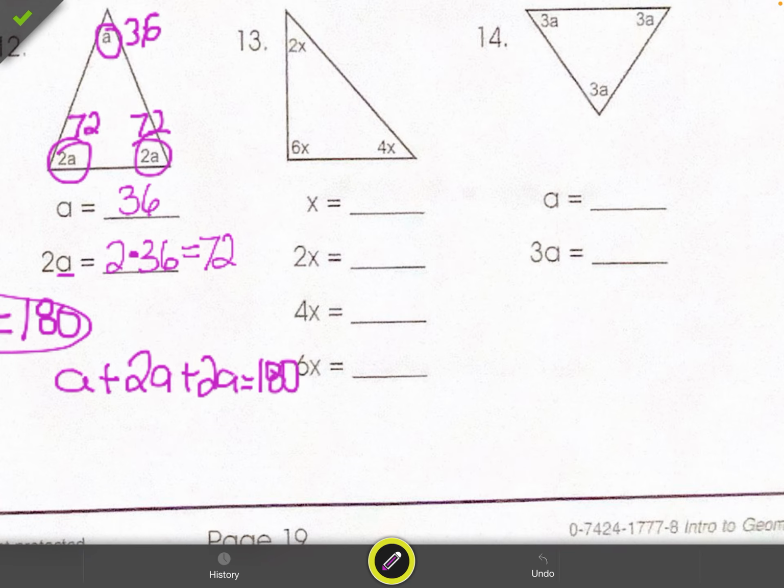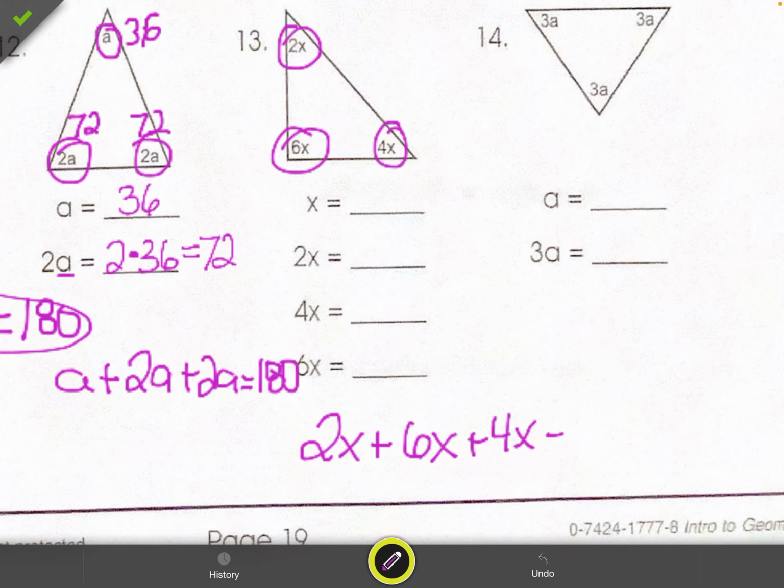All right, number 13, kind of running out of room for my equations. So again, you just take your 3 angles. So 2x, start with that one, plus the second angle, and again, it doesn't matter which way you go, plus the third angle equals 180. Now notice they want x, 2x, 4x, and 6x. We can't find these 3 until we know what x actually is.